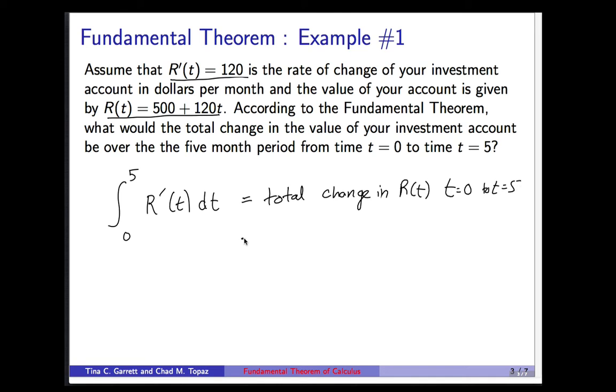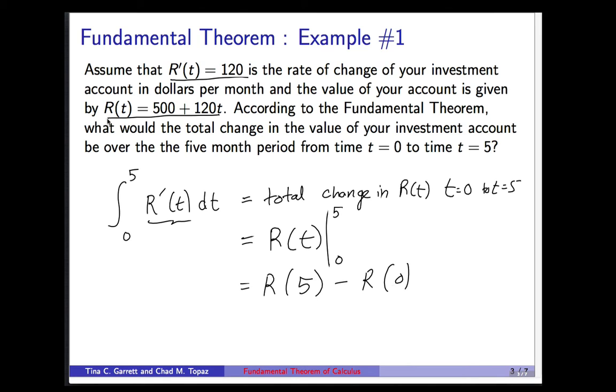And the fundamental theorem says the way you actually find that is we take the original function, the actual value, and here's a symbol that says evaluate from 0 to 5. That's just a fancy way of saying stick in 5 for t, then 0 for t, and then subtract.